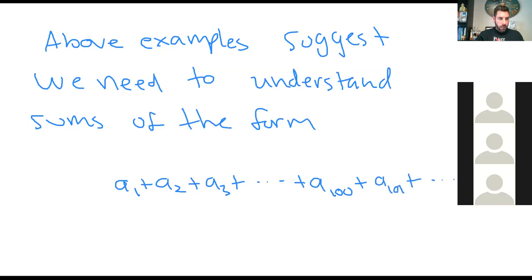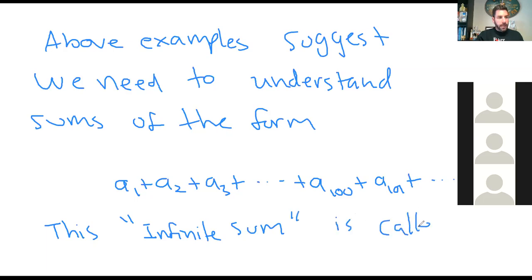And so this, what we call an infinite sum, has a name in math.